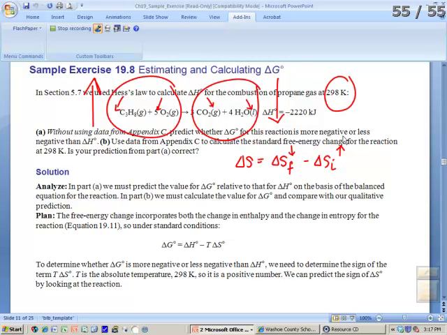So what does that mean about that negative T delta S value? It says we therefore expect delta S and therefore T delta S to be negative numbers, because we are subtracting T delta S, which is a negative number. We would expect delta G is less negative than delta H. So look at this value right here: you are subtracting a negative number, correct?